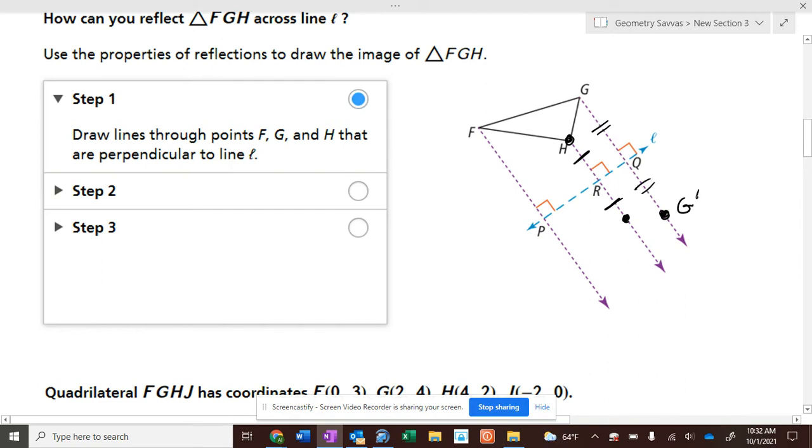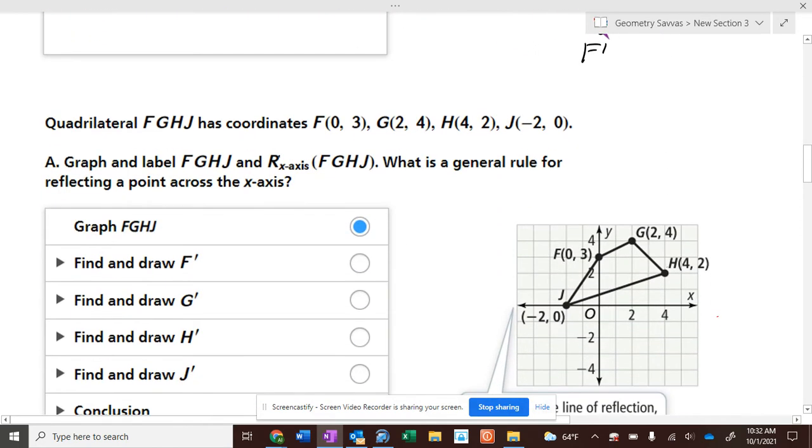That's where G prime is. We put a little apostrophe on it and we call it prime, not Optimus Prime, G prime. Okay? And this is H prime. And then F goes to F prime. And this should be a reflection. This reflects over to this. It's not perfect, but it's close.